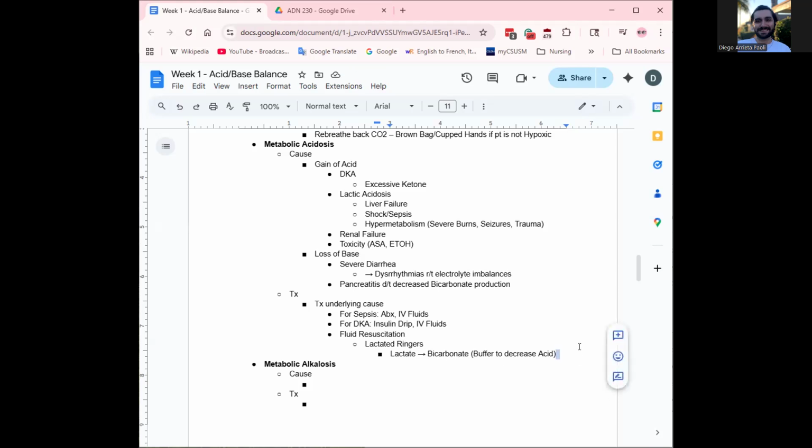Yes, exactly. Bicarbonate can definitely be given, but it should only really be given in severe metabolic acidosis. I believe the evidence-based practice was that it wasn't actually improving outcomes in less severe cases. So they only really do that for severe cases like Eric mentioned.